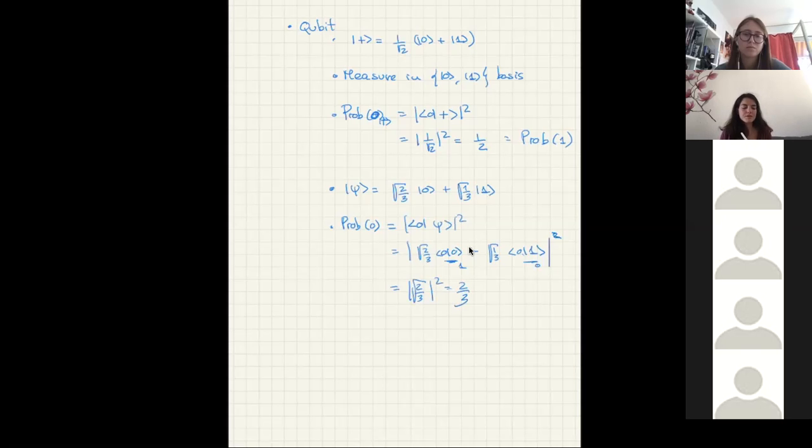But so far we've been measuring always in the same basis. So now let's try to measure it in a different basis. We'll measure in the basis plus minus. And first of all, we need to prove that this is a basis, right?